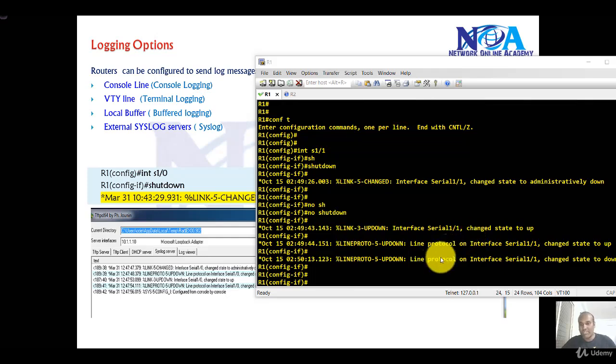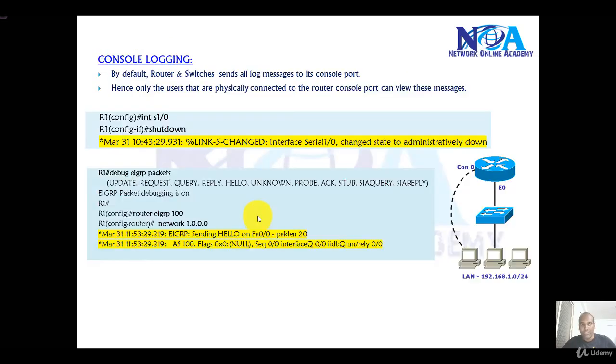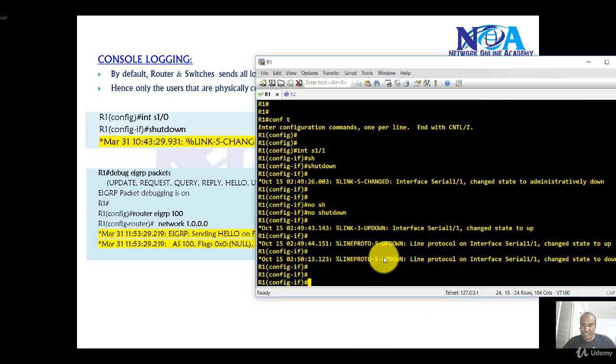But by default these messages are not saved in general. So console logging is by default enabled on all your routers and switches, and by default they send the log messages to the console port as I discussed just now, and hence only the users who are physically connected to the router console port can view these messages. So if I'm not using the console, I cannot see these messages.